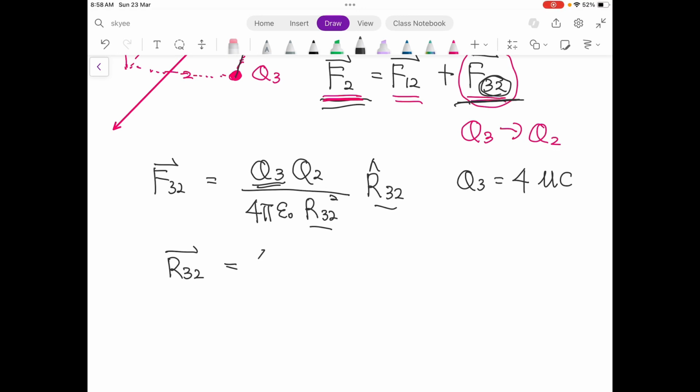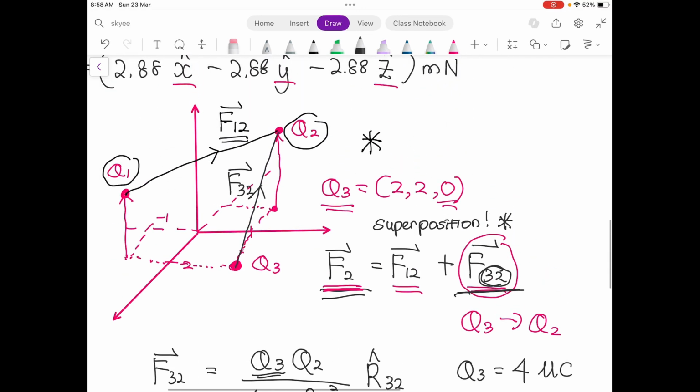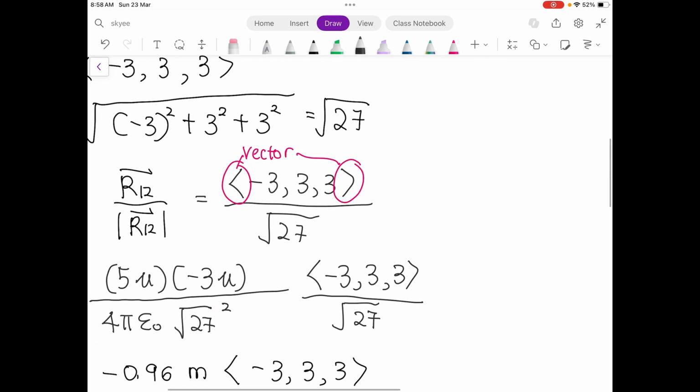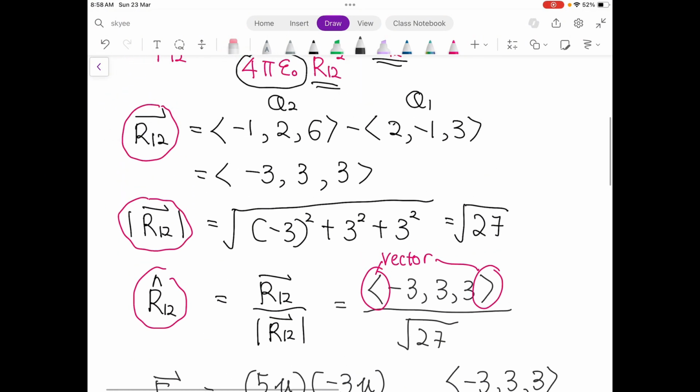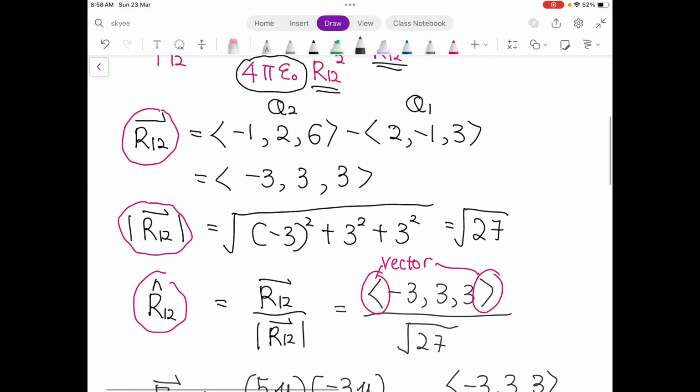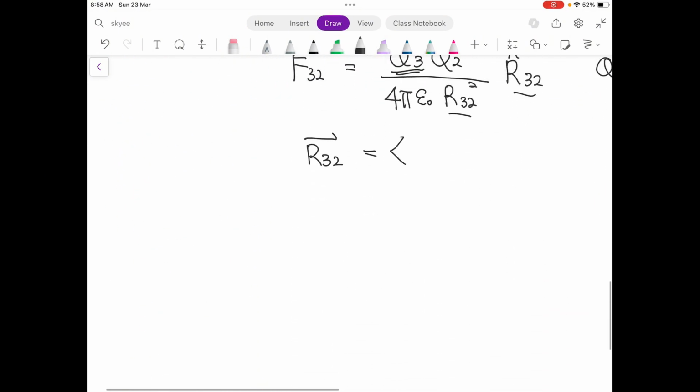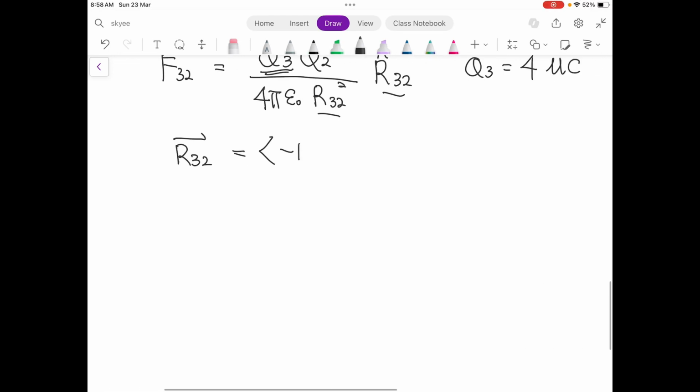Taking the position of Q2 just now, which is -1, 2, 6, minus the position of Q3, which is 2, 2, 0.